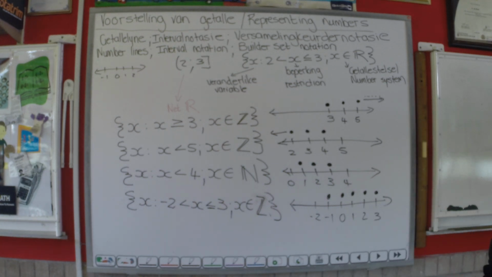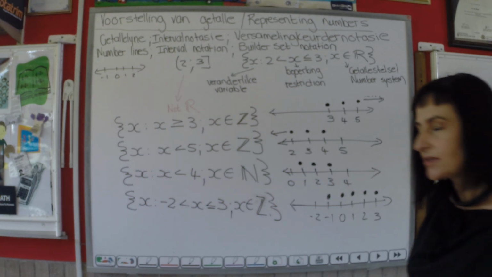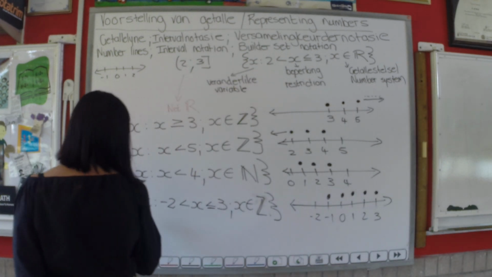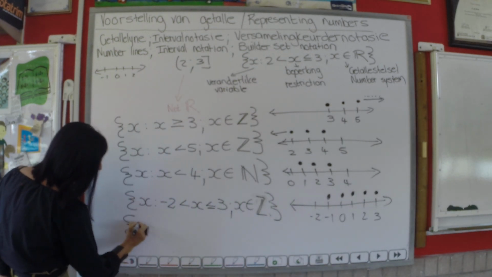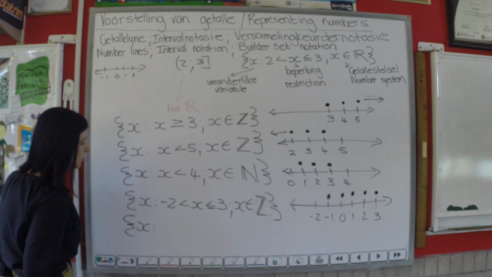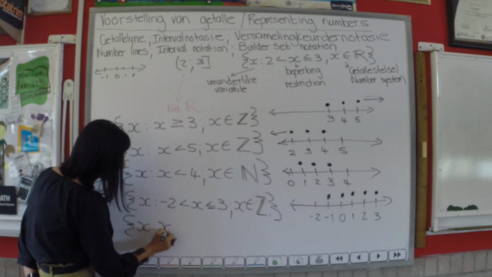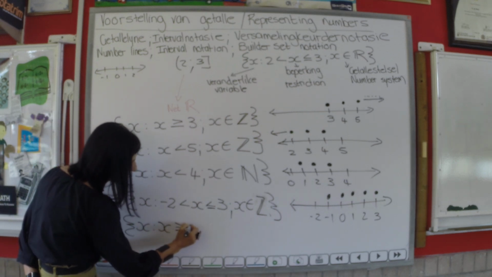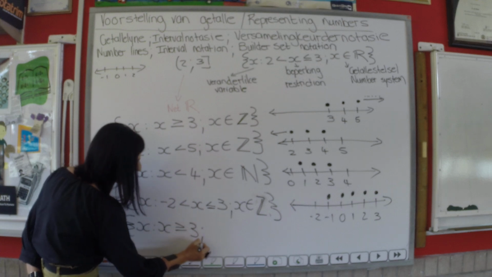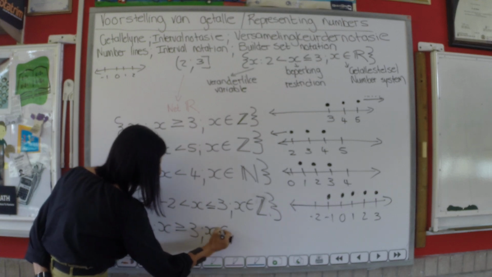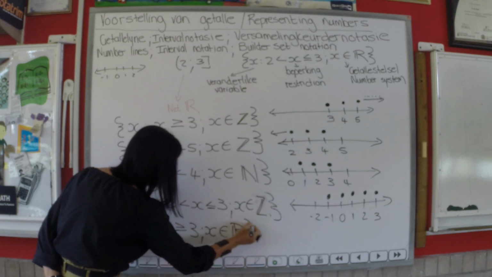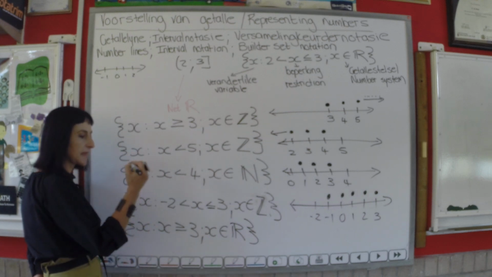Okay, real numbers greater or equals to 3. And that's real numbers. If you read it from the left to right, it exactly says that.